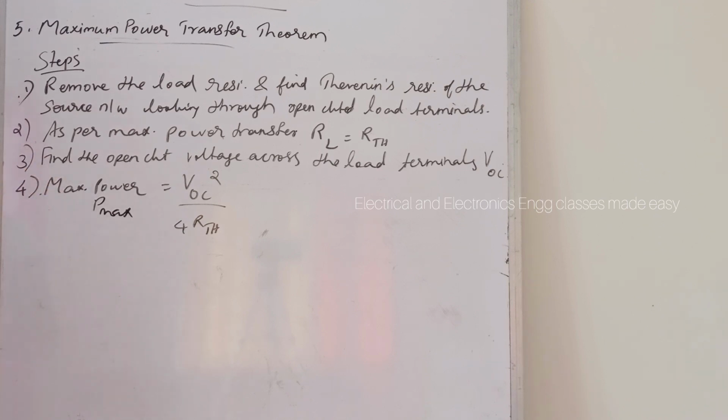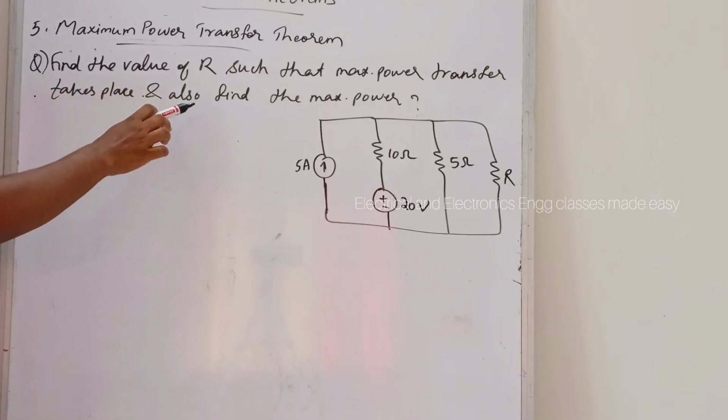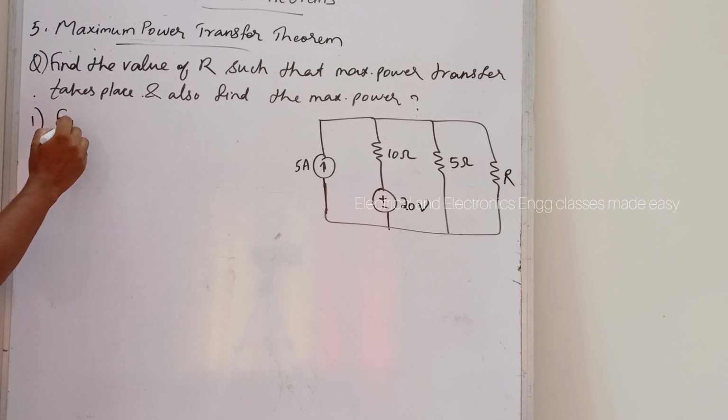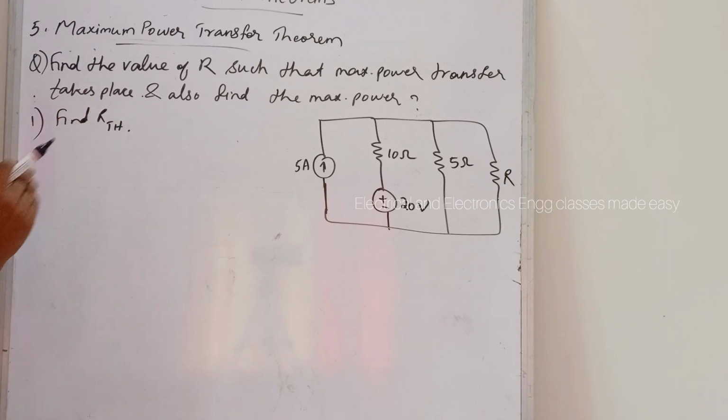Now let us do problems related to the maximum power transfer theorem. Find the value of R such that maximum power transfer takes place, and also find the maximum power. This is the given network and you have to find the value of R. To apply the theorem, our first step is to find RTH.